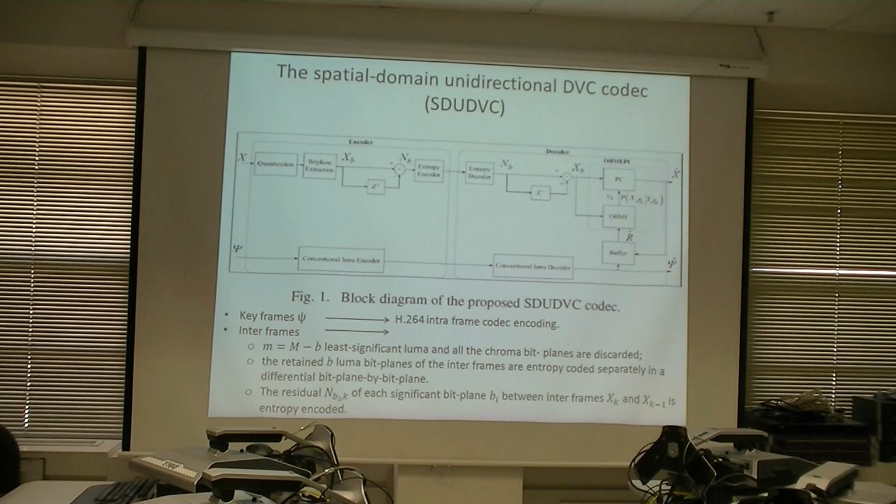So each group is decomposed into keyframes and interframes. For the encoder, the keyframes will be intracoded. For the interframes, suppose we have the M most significant bit planes, and the M minus B least significant luminance and all the chroma bit planes are discarded.